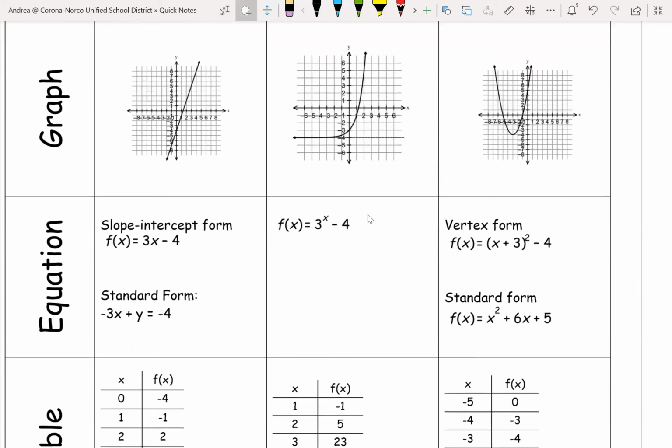Okay, the equation, very similar. Equations: a linear equation has just an x. No exponents, just the x. Okay, so that's really one way to identify it. No exponents.